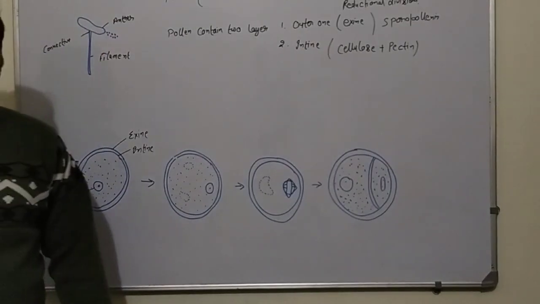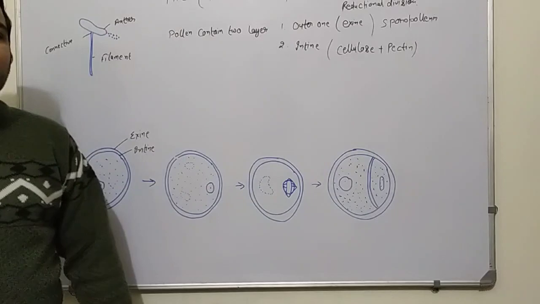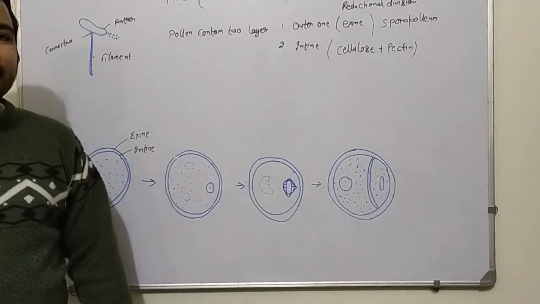In the pollen grain, the protoplast undergoes division and forms two types of cells, generative cells and vegetative cells.